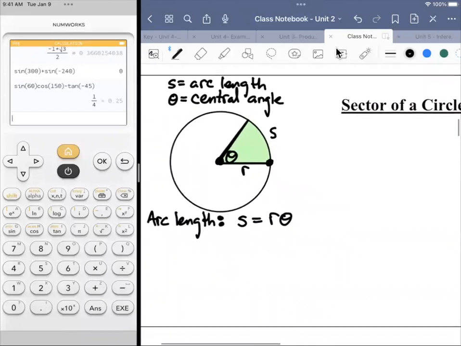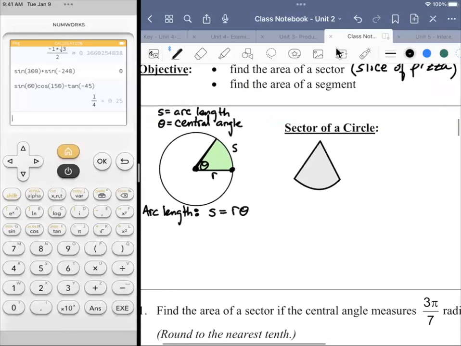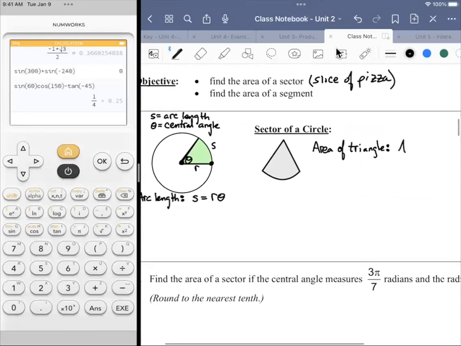All right. Now, if I look at this slice of pizza as a sort of modified triangle, something like this, we can say the area of a triangle, A, is equal to half the base times the height.